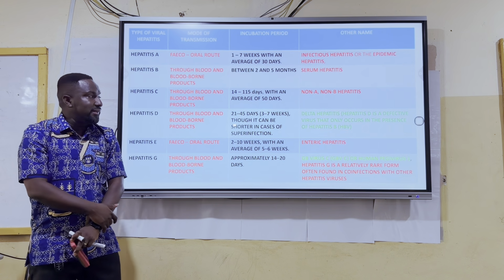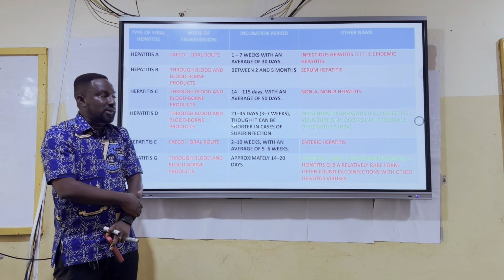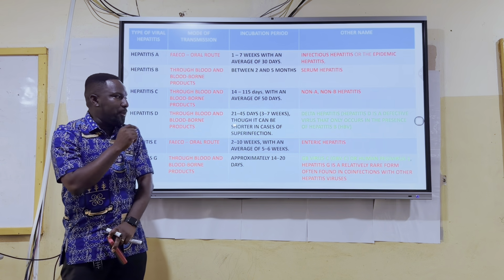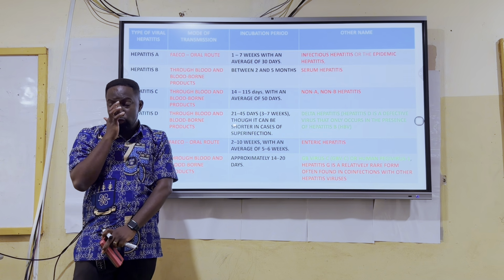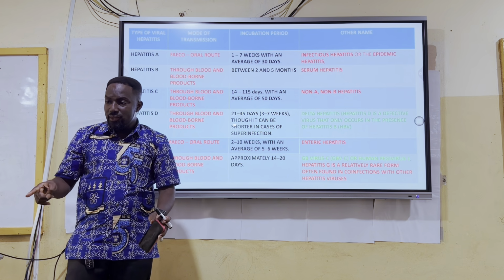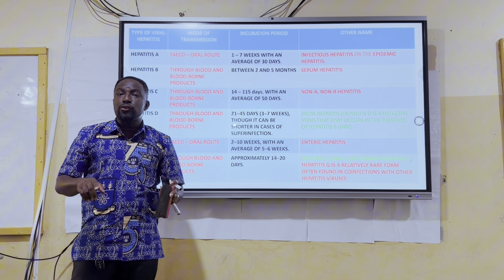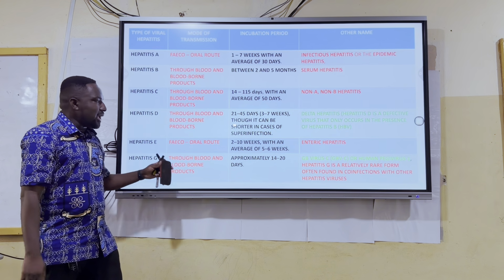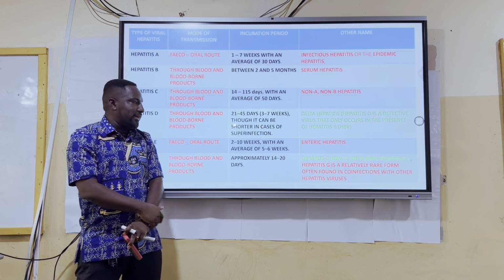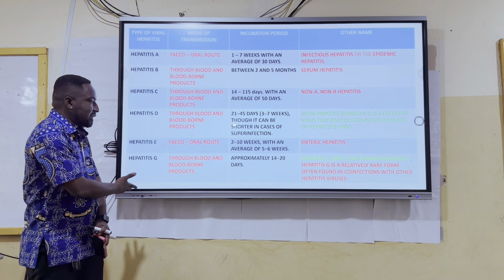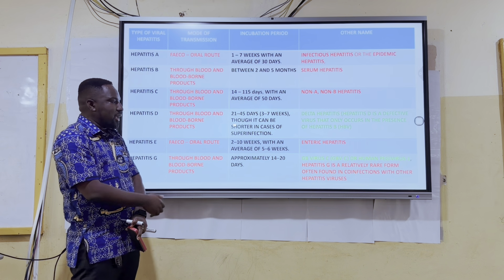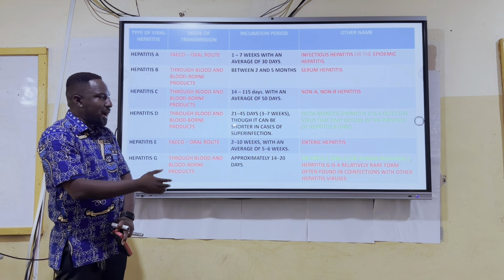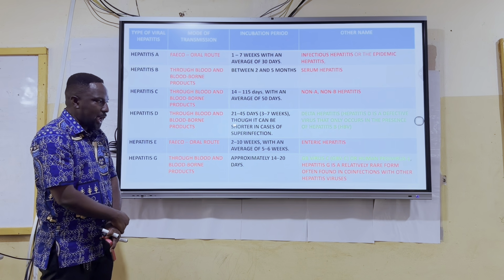We are saying that hepatitis D is a defective virus that only occurs in the presence of hepatitis B. So before you can get hepatitis D, it means the individual is already having hepatitis B. Hepatitis E is also known as enteric hepatitis. And hepatitis G is also known as the GB virus C or the human virus 1 hepatitis.